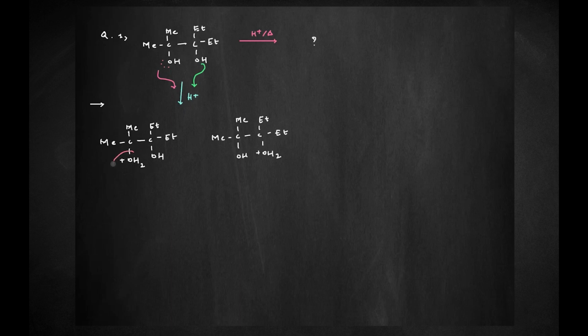Now in the next step, as you know, the good leaving group will be removed, that is OH2 will be removed, and you will get here carbocation.